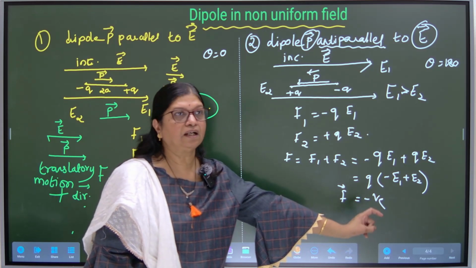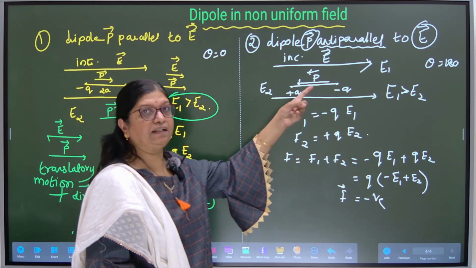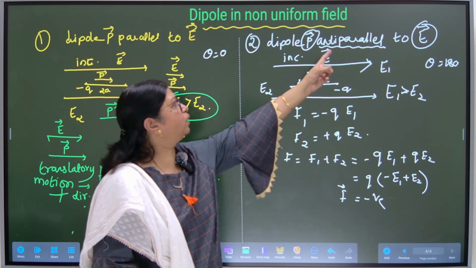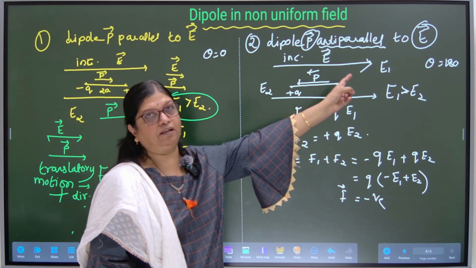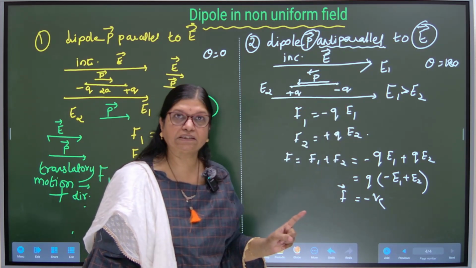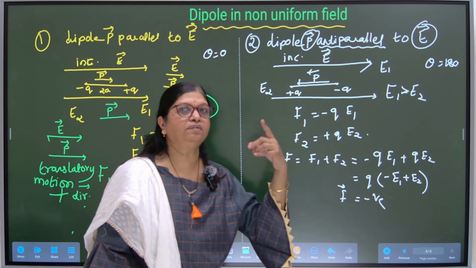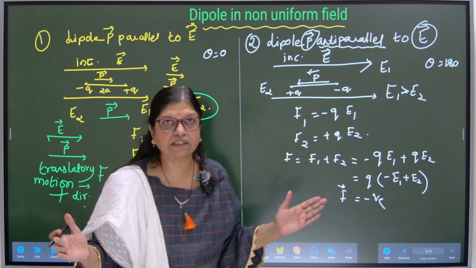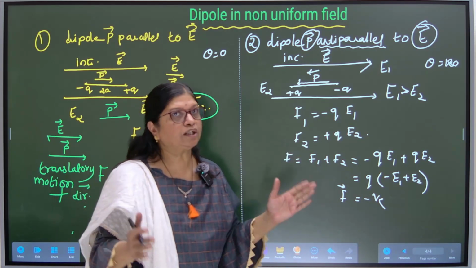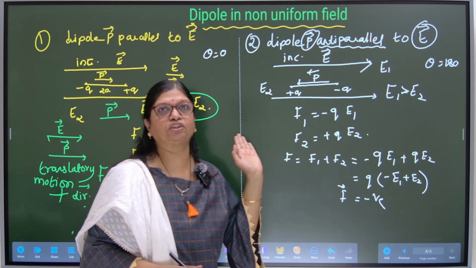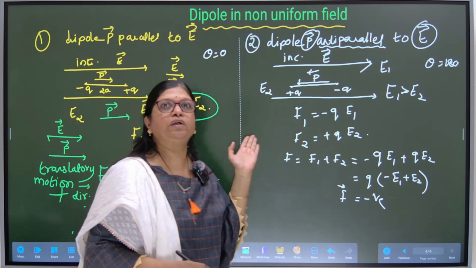That means the force is in a direction opposite to the electric field. Because as already discussed, if this side is negative, both the vectors are in opposite directions. So if force is in this direction, then the dipole also will move in this direction.